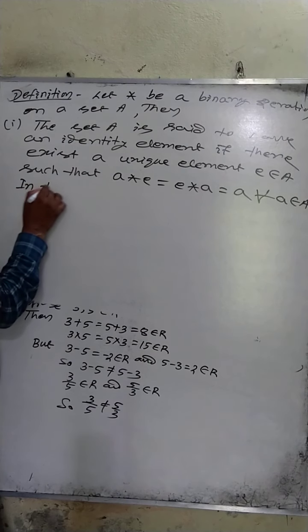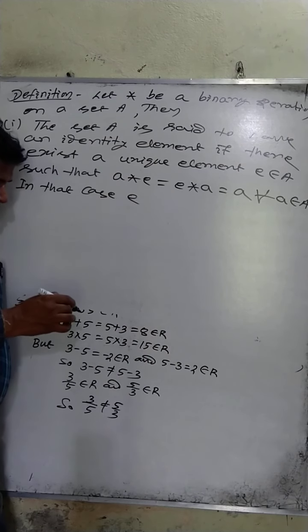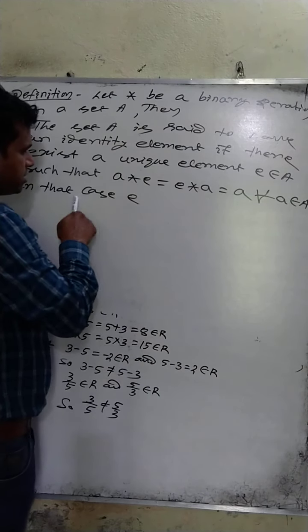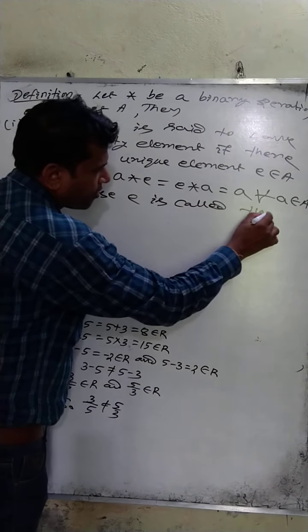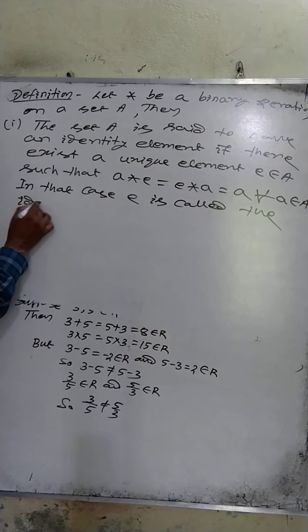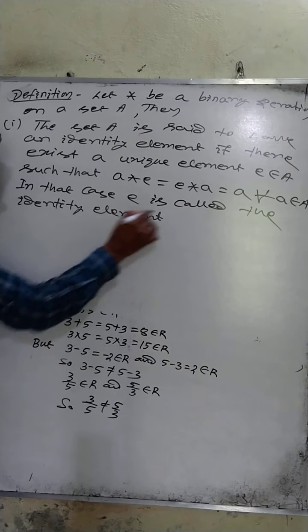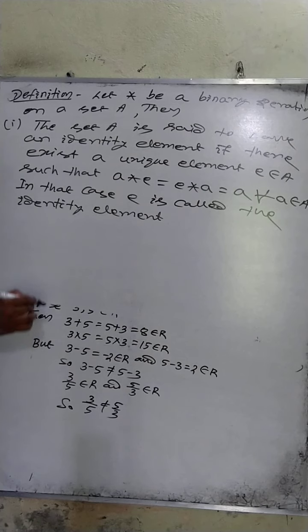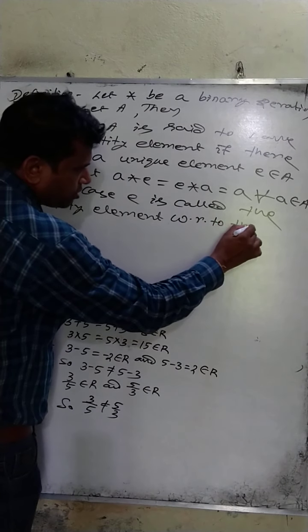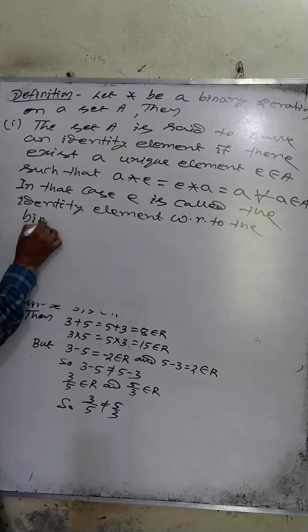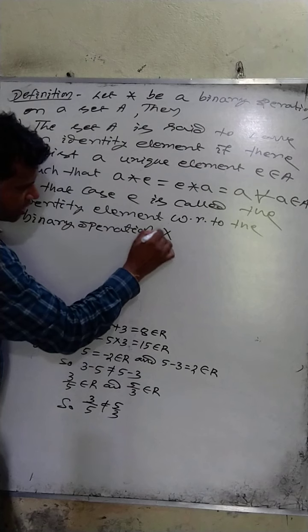In that case, E is called the identity element with respect to the binary operation star.